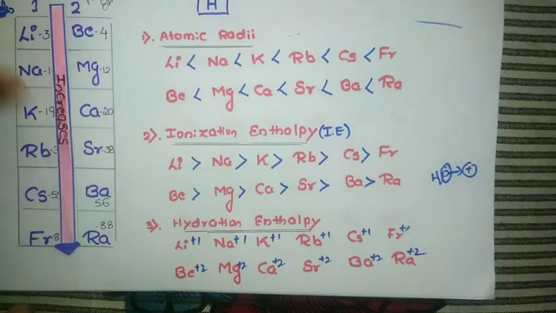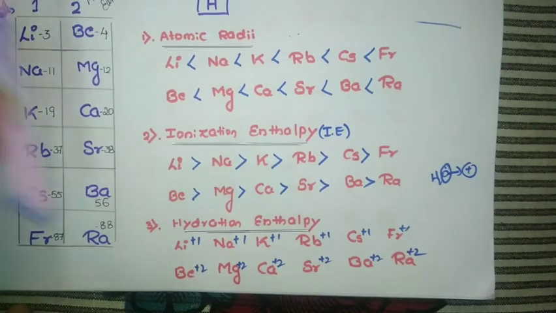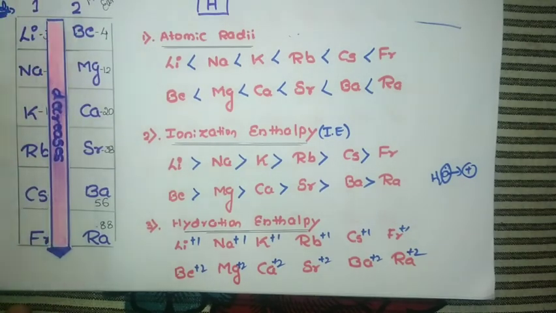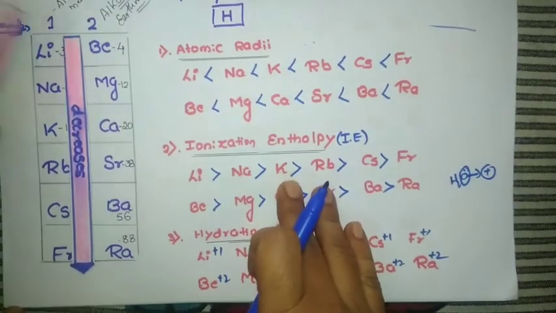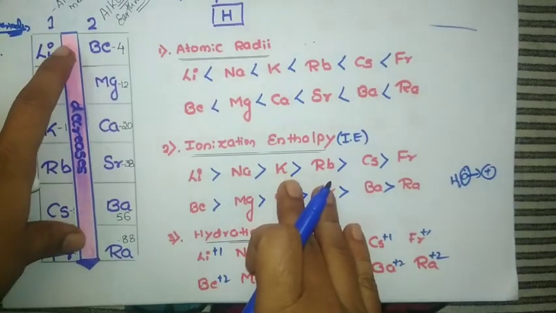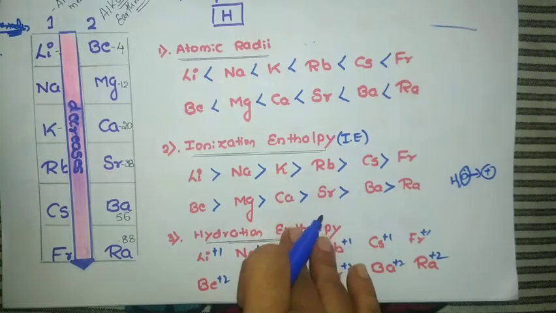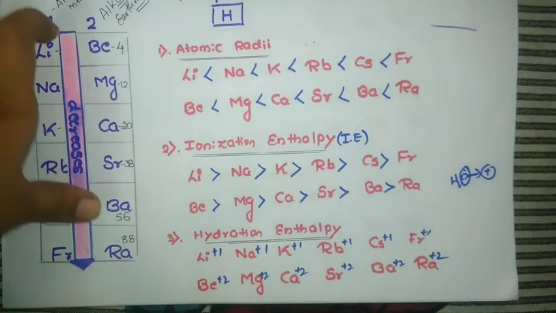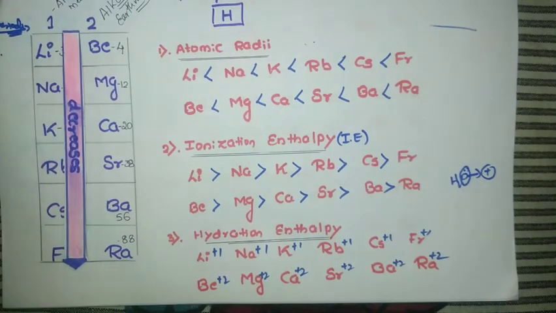As we go down the group, remember the trend is common for group 1 and 2, the hydration enthalpy decreases. It's because the size increases. As the size of an ion increases, the hydration enthalpy decreases.